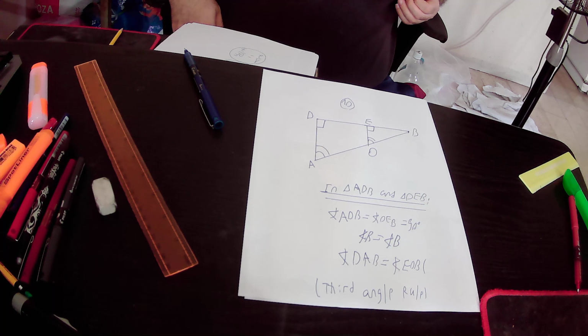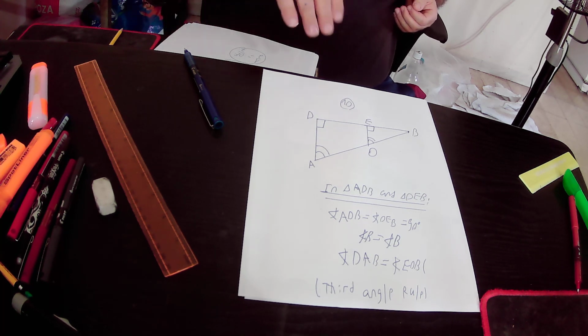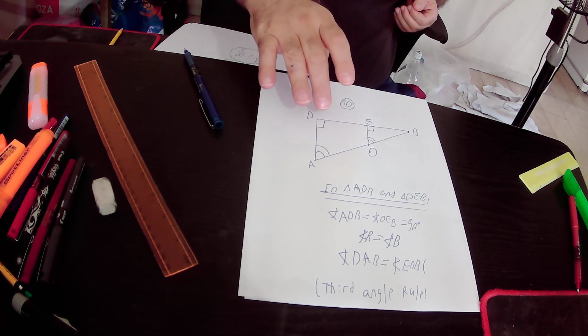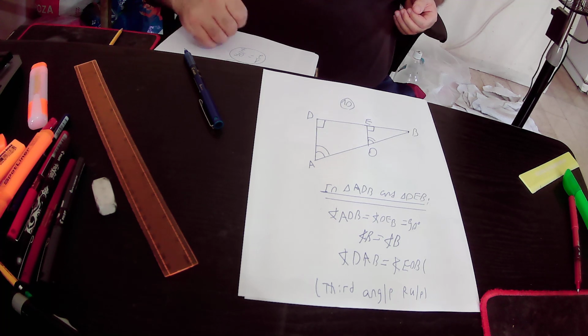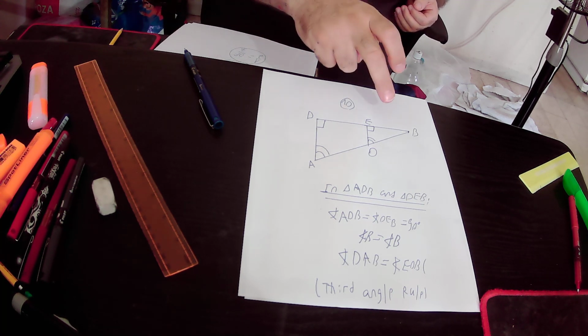So this is the third rule, the angle rule. We found out that all the angles of triangle ADB are equal to all the angles of triangle OEB.